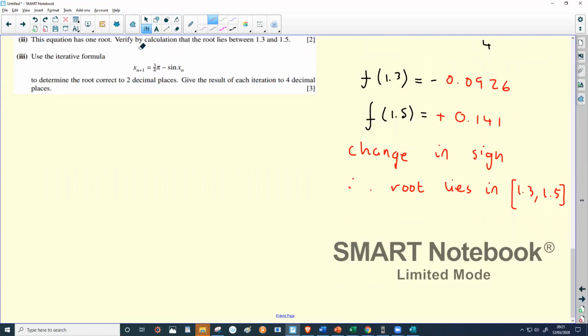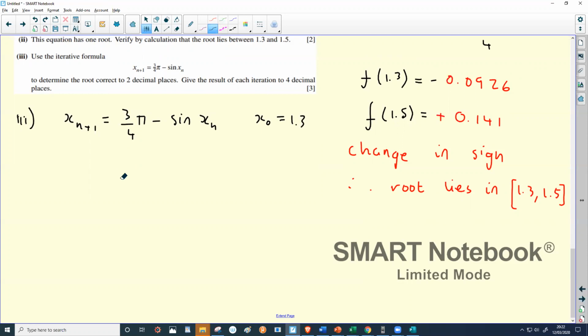So now for part 3, we need to use iteration, and as you hopefully remember, this is mainly done through the calculator. So I'm just going to write in x n plus 1 equals 3/4 pi minus sine of x n. I'm going to start off with x0 of 1.3, just because it seems like a sensible place to start.